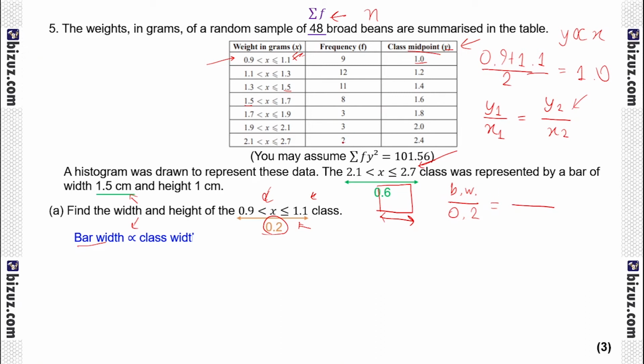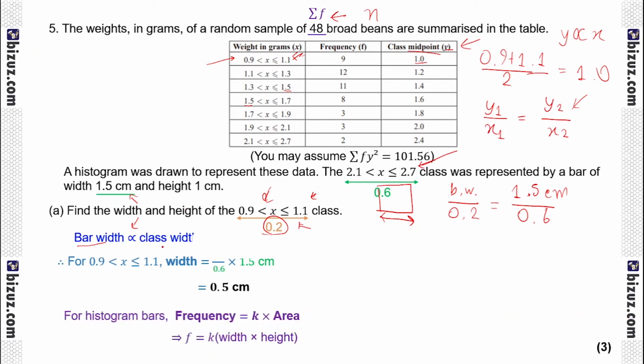We have information for the class 2.1 to 2.7: the bar width is 1.5 centimeters, and the class width is 0.6. Now we can multiply both sides by 0.2 and we'll have our answer. So the bar width is going to be 0.2 by 0.6 times 1.5, just a rearranged version of this, and we get the answer of 0.5 centimeter.